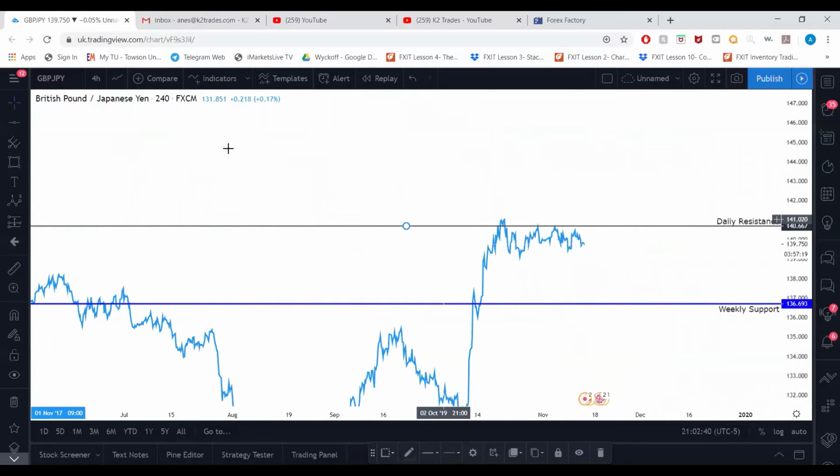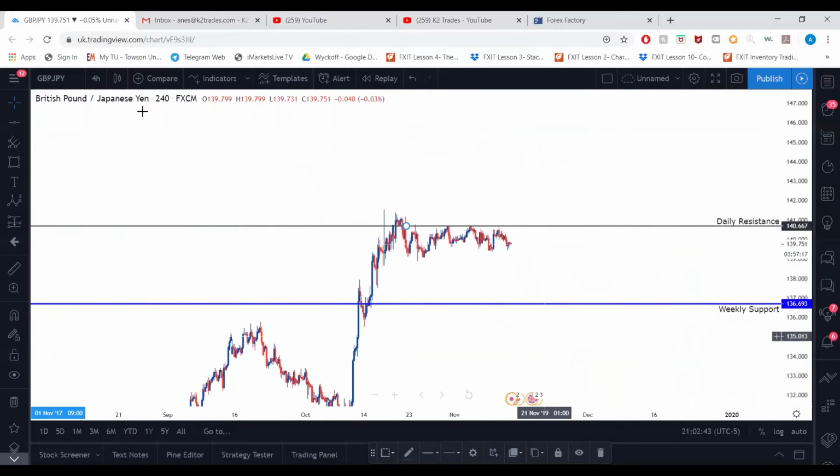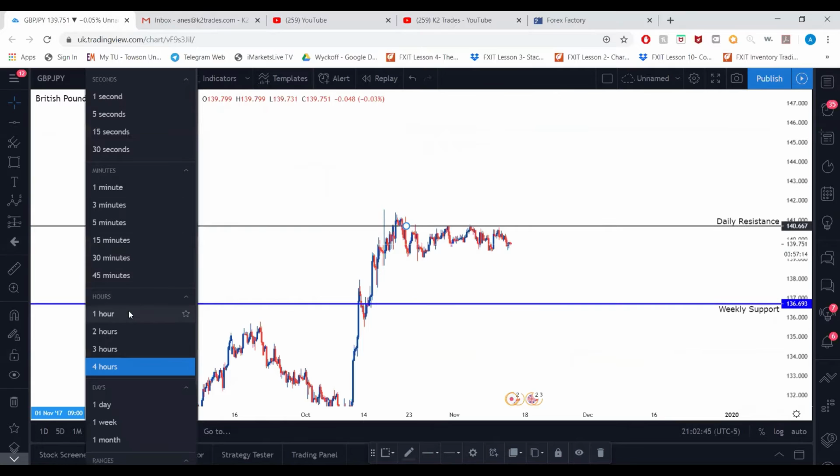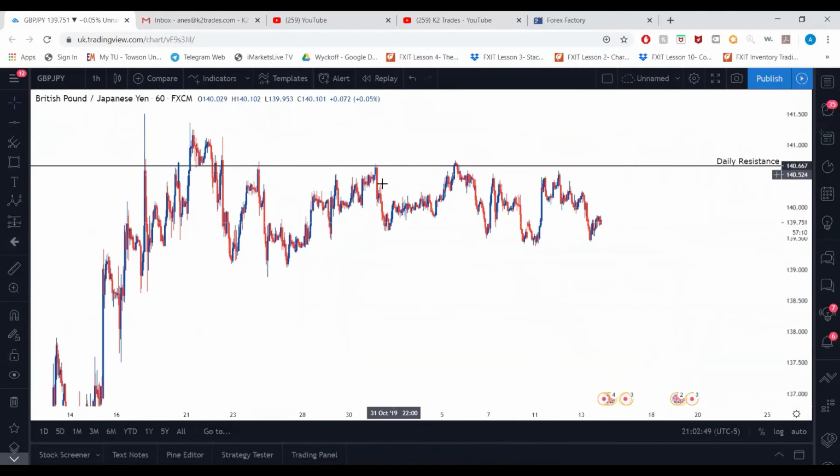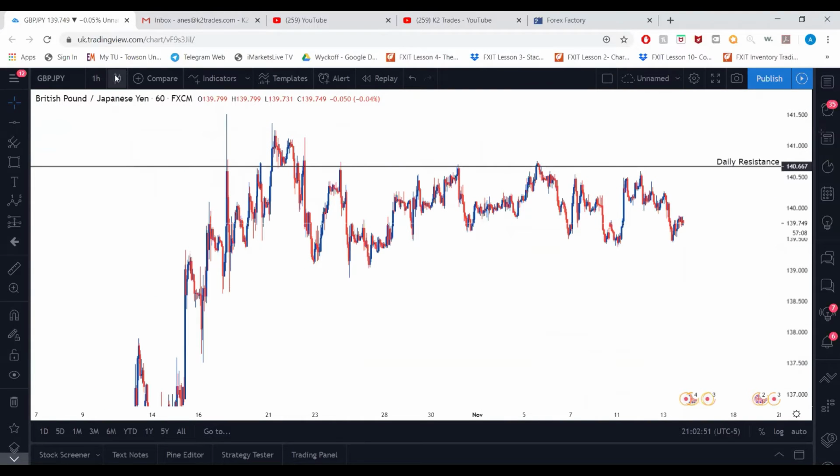All right, and now we can go on a smaller time frame. So yeah, it's been rejecting this zone so much.